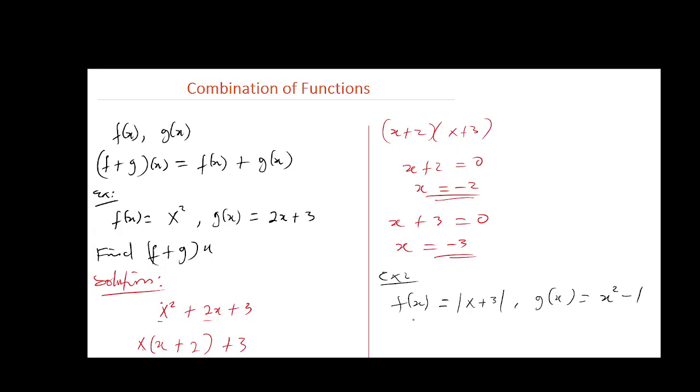All right, find the difference, right? So if we want to find f minus g of x, solution.